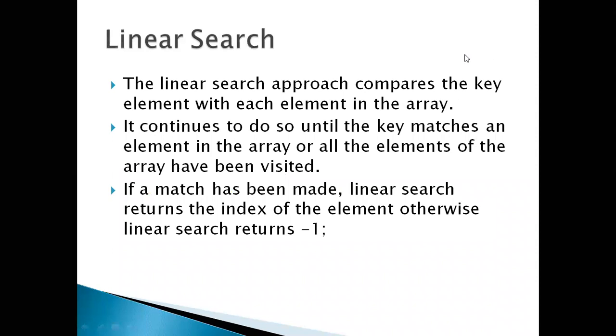Now, what is linear search? The linear search approach compares the key element with each element in the array. So we have a key element that needs to be searched, and we compare the key with each and every element present in the array. It continues until the key matches an element in the array or all the elements of the array have been visited.